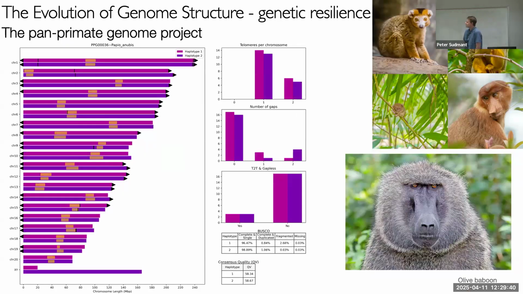This is kind of silly, but I really love these figures. This is just an ideogram showing the chromosomes. The little black lines indicate gaps in the chromosomes, and these are the homologs. These little triangles are the telomeres, and these orange things are the centromeres. So you can see that we have basically assembled this olive baboon completely, both haplotypes.